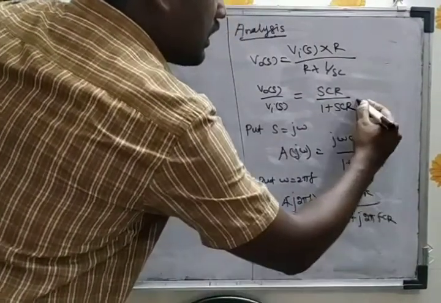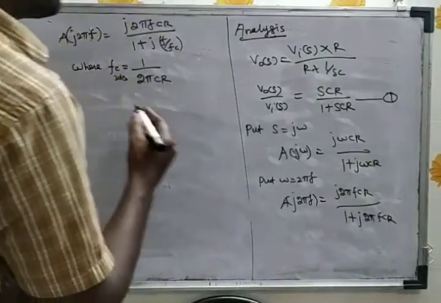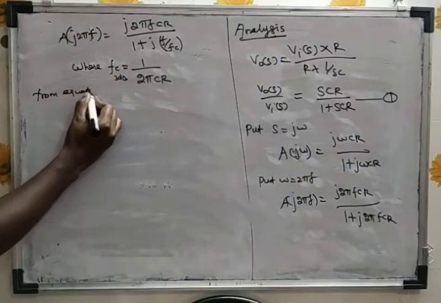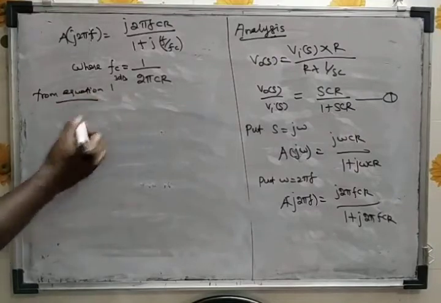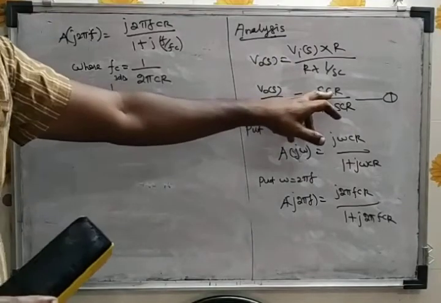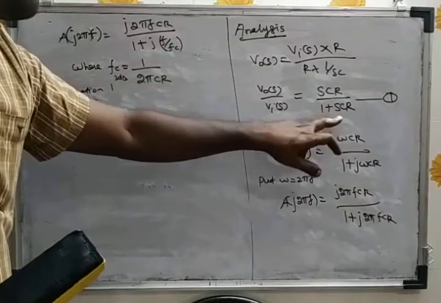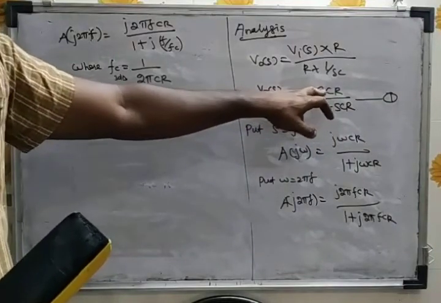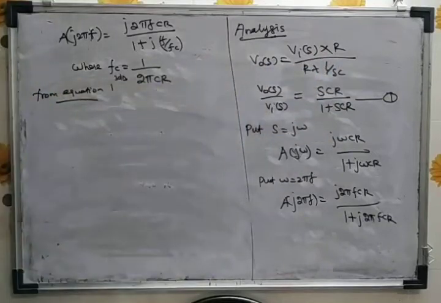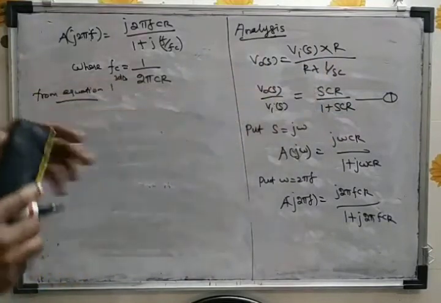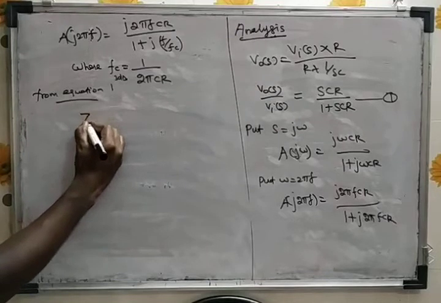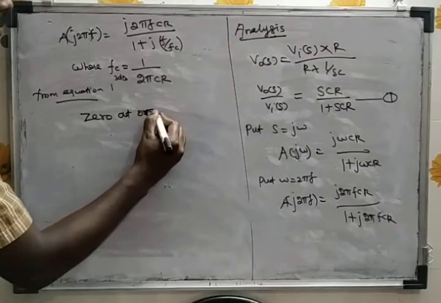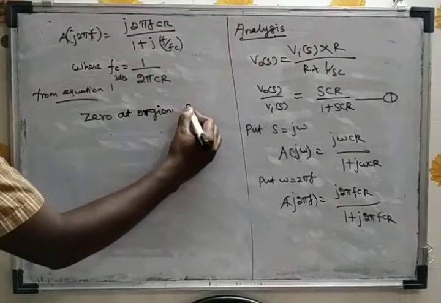Look at this equation 1. From equation 1, you have one pole and one zero. If you equate the numerator to 0, you get the zero. Here you have a zero at the origin, that is S equal to 0.